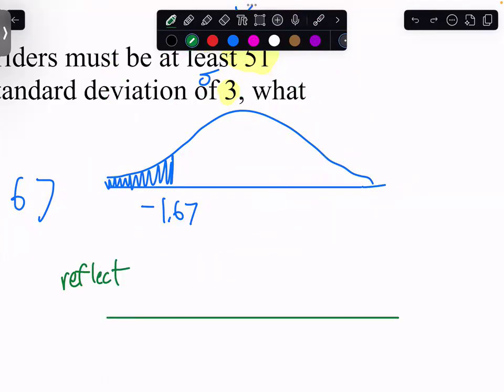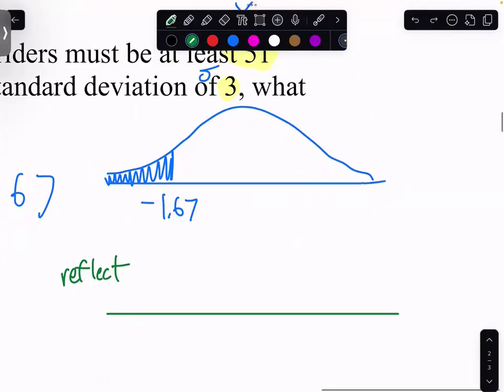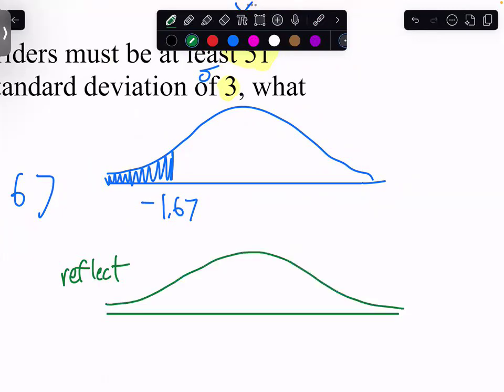Okay, so you're allowed to do that because the normal curve, the bell curve, is symmetric. It's like a mirror image. So this end will flip over here. But when you do that, this flips over to the positive side. So this flips from negative 1.67 to positive 1.67. But then you also flip the shaded part, right?